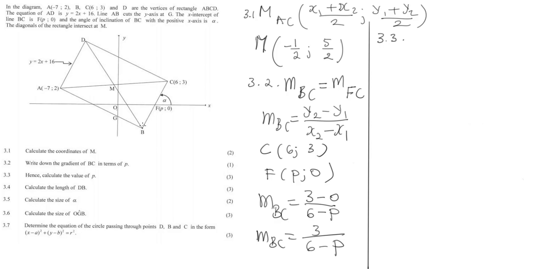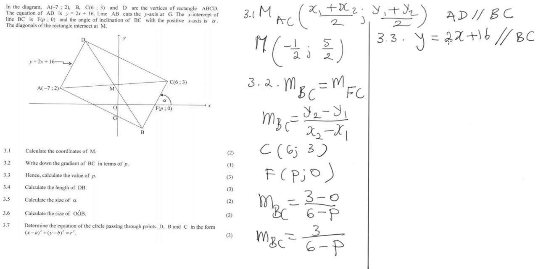Okay, why did they give us this? The straight line AD is represented by y equals 2x plus 16, which is parallel to the line BC.